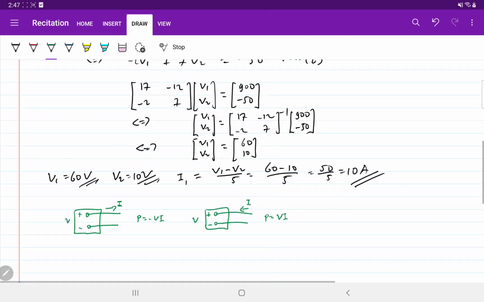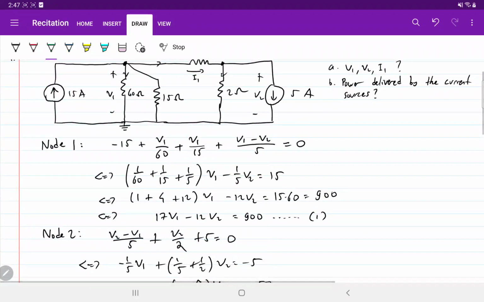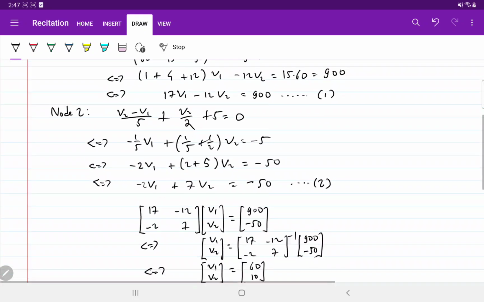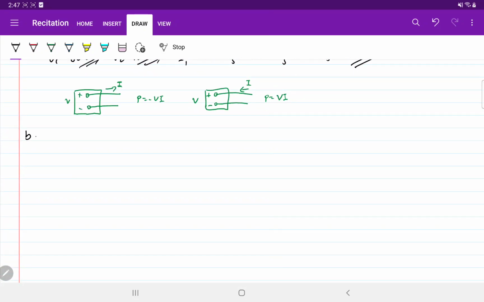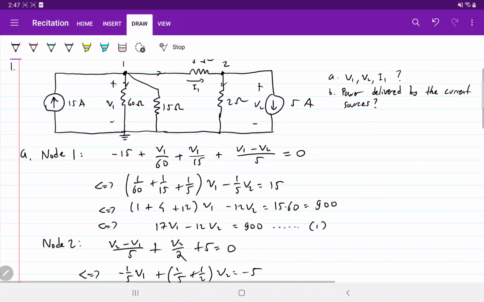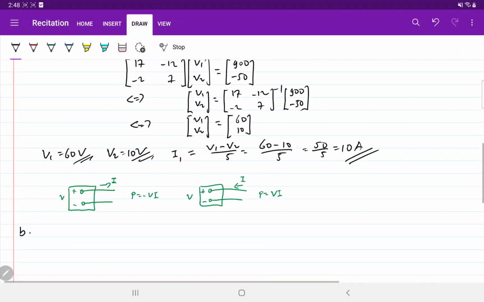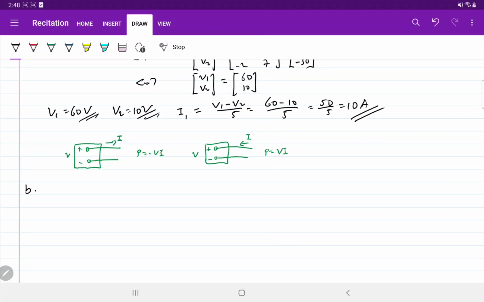Alright, so this is for A. For B, look at this 15 amp current source, plus minus, and the current is going out, right? The current is going out from this source, so we are using this equation.